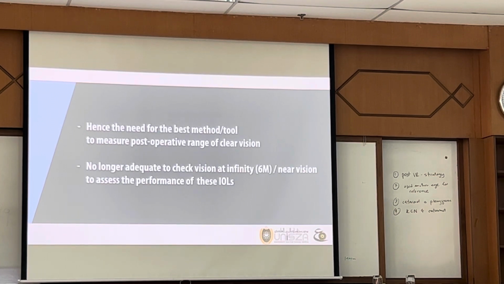It is not adequate anymore to measure postoperative vision at 6 meters. We have to know the range of clear vision provided by this lens from near, intermediate, distance until infinity. This is where the defocus curve is important.